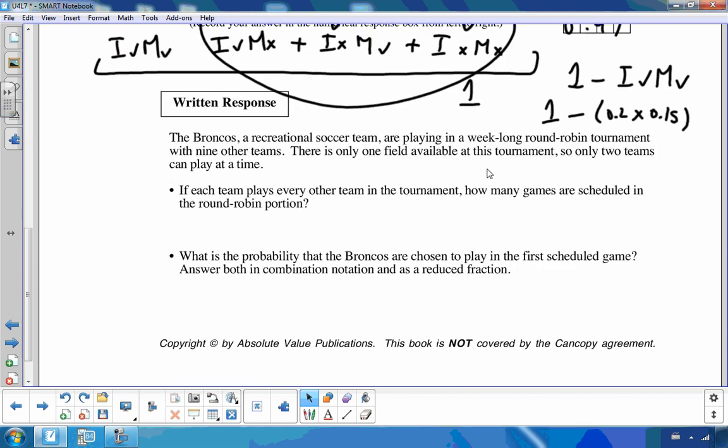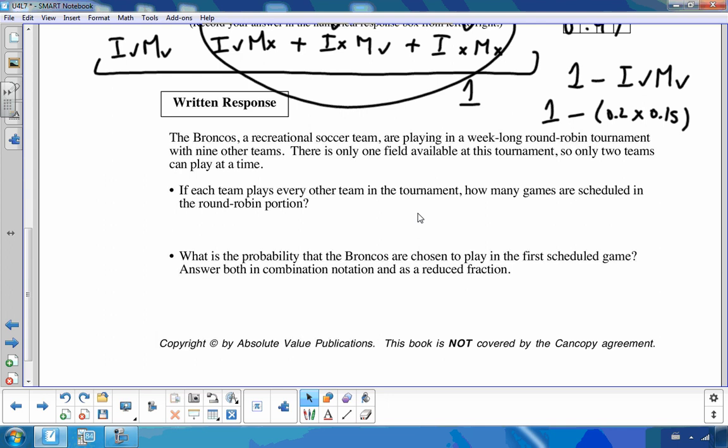Okay, the Broncos, a recreational soccer team, are playing a week-long round-robin tournament with 9 other teams. There is only one field available at this tournament, so 2 teams can play at a time, only 2. If each team plays the other team in the tournament, how many games are scheduled in the round robin?